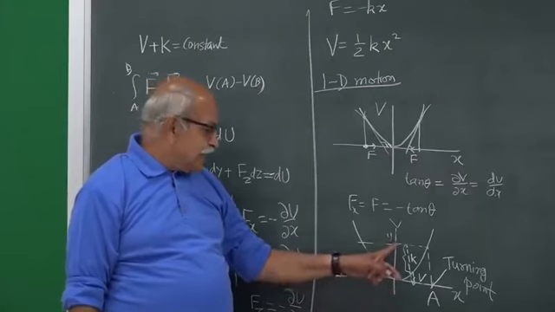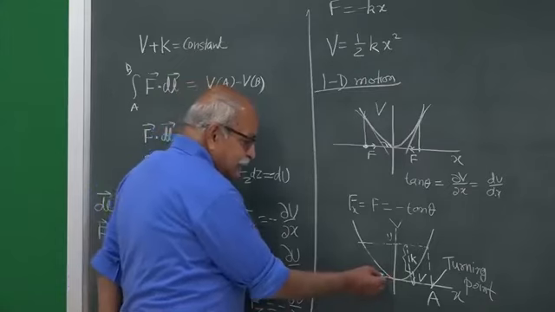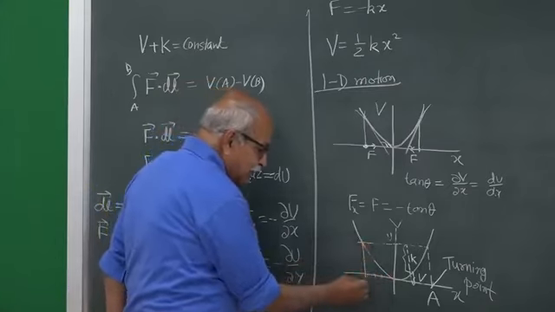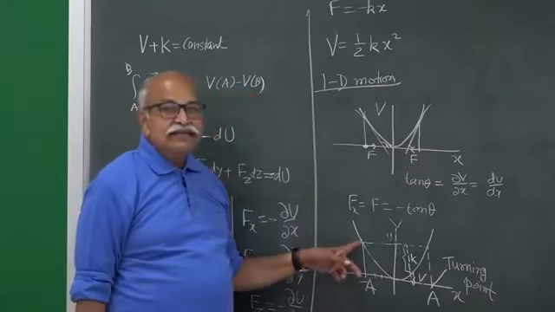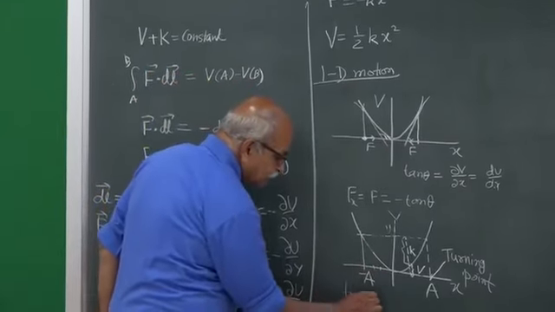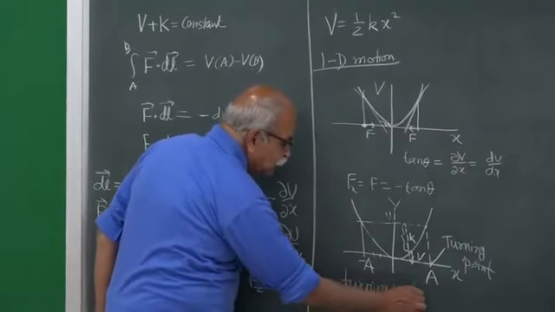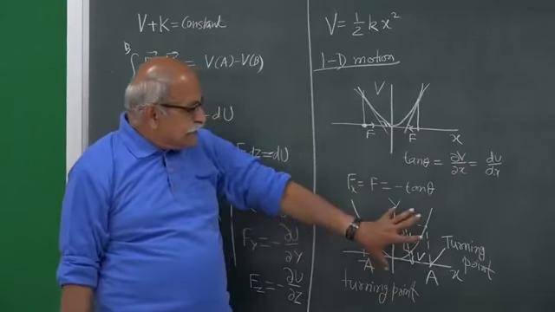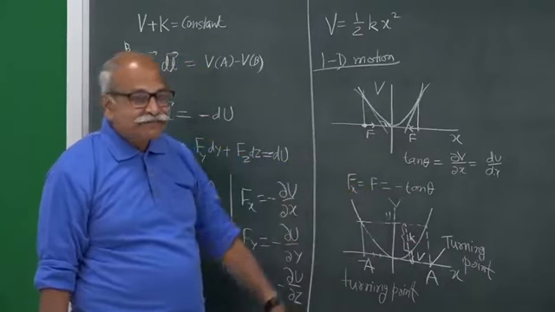But then since it has kinetic energy, it keeps moving towards left, reaches somewhere here, then here, and finally at this place which is minus a, once again the kinetic energy is 0. So, this is also a turning point. This kind of analysis you can do once you know the shape of this potential energy curve. Many of the qualitative features of the motion you can derive from this.